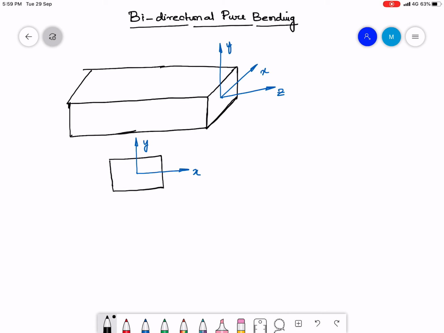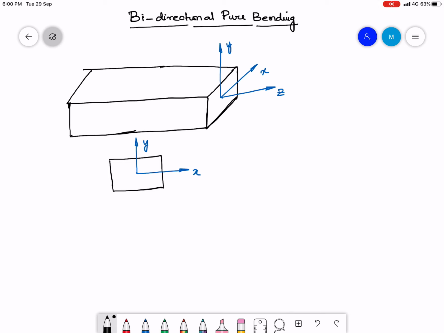So before I go into the bidirectional bending, let me give a brief recap of the unidirectional bending of beam that you have studied in your previous courses, both in the course on mechanics in the first year as well as the first course on aerospace structure that you have done last year.